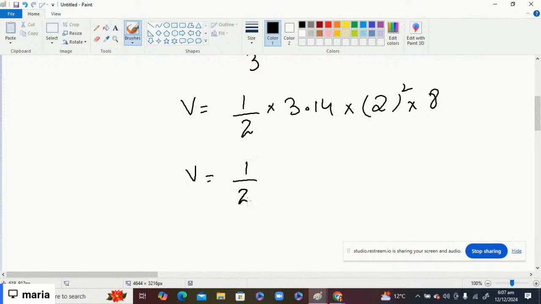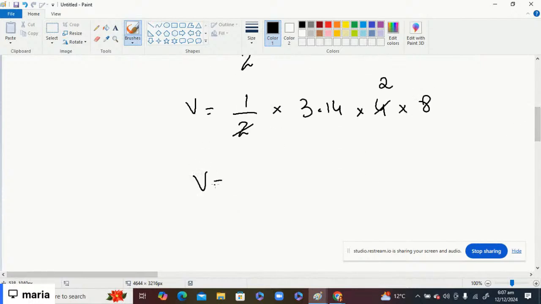So the volume is 1 by 3 times 3.14 times 2 times 2 is 4 times 8. Now the volume is 3.14 times 8 times 4 by 3. Now just simply multiplying 3.14 with 16, this is 50.24.